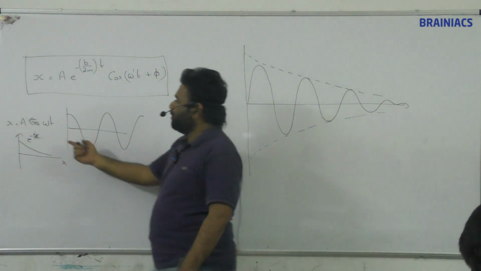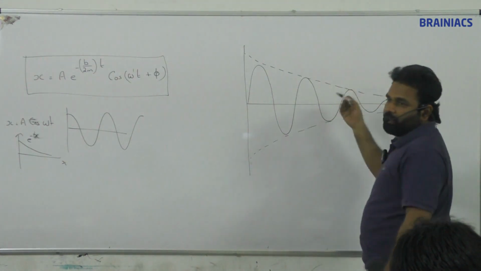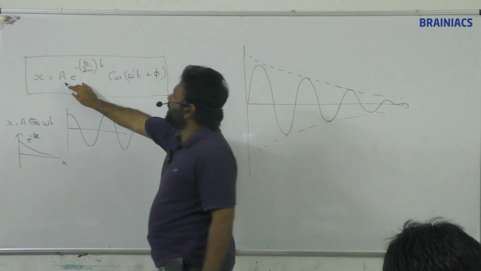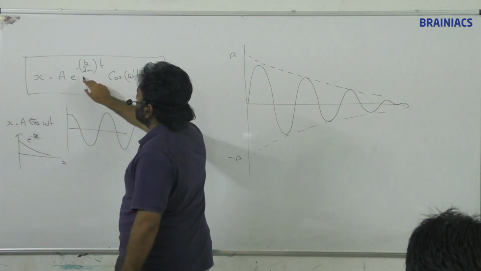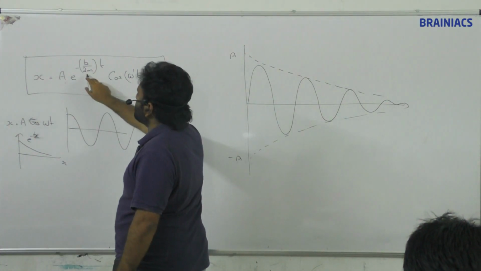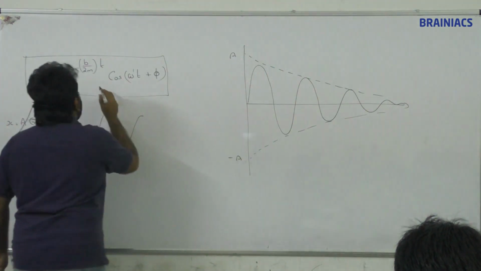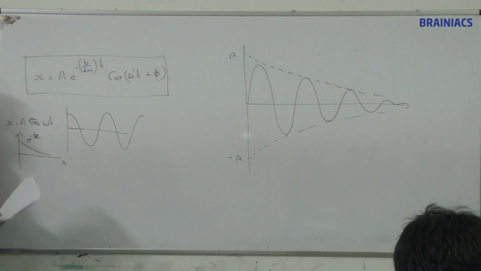When I am doing a sine or a cos, that is not an issue. Sine or cos will come, but it is damped like this. So that is why initial amplitude A is here, minus A is here, but this is decreasing. E raised to minus b by 2m is decreasing like this. This b, I already told, is the damping coefficient. m is the mass.